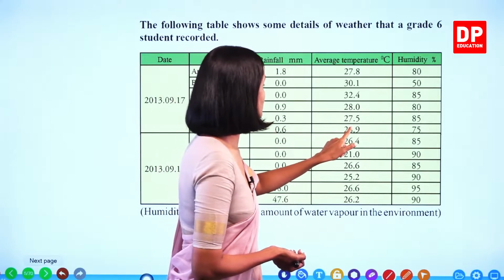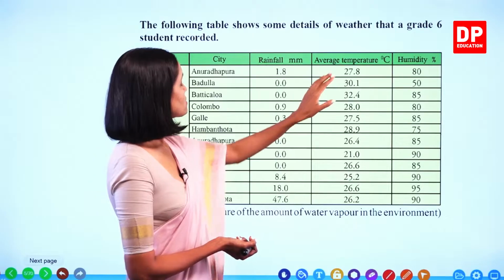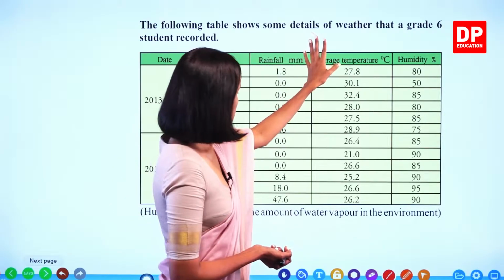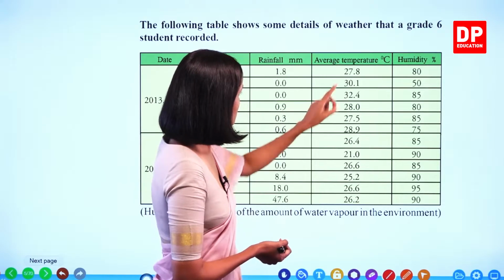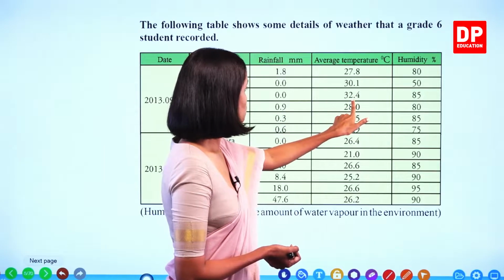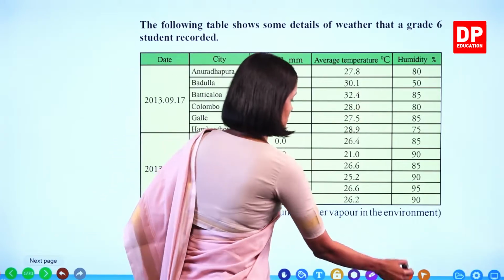Hambantota 28.9. Right? So when you look at this average temperature, which city has the highest average temperature? 27.8, 30.1, 32.4. Now this is the highest temperature. Let's write it.